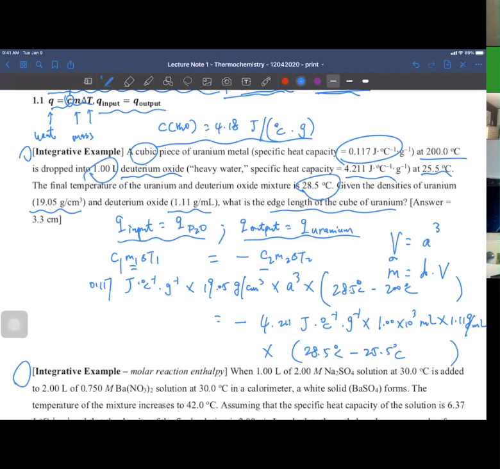Otherwise, it's very easy to make mistakes. But mathematically, it's not a hard question, because there's only one unknown, and all of the other stuff is known. And the only thing you need to pay attention to is the significant figures, right? And also the unit.